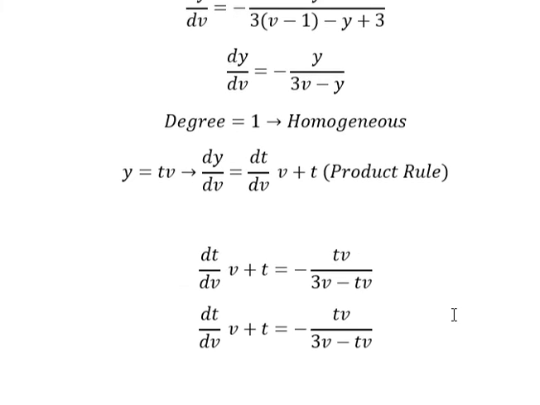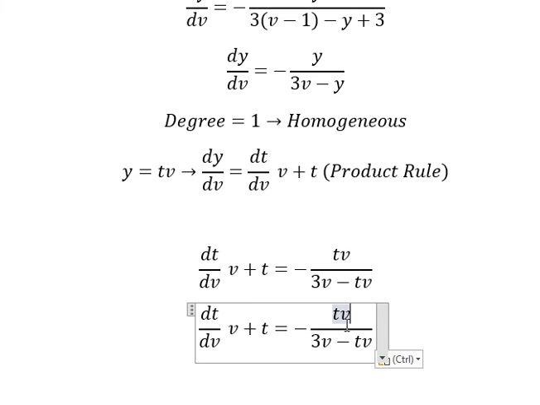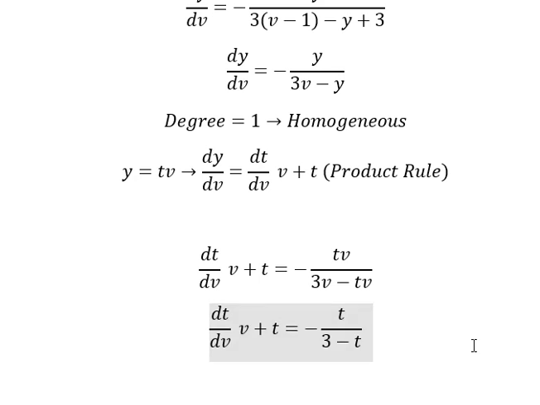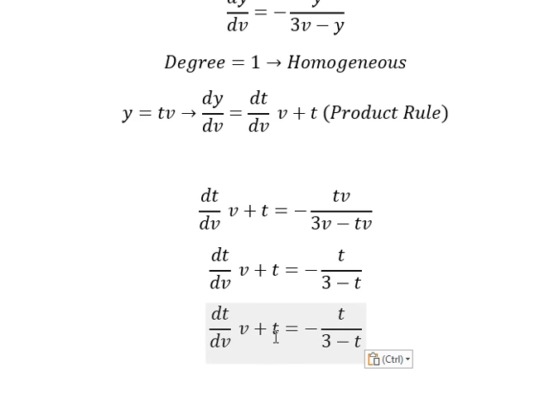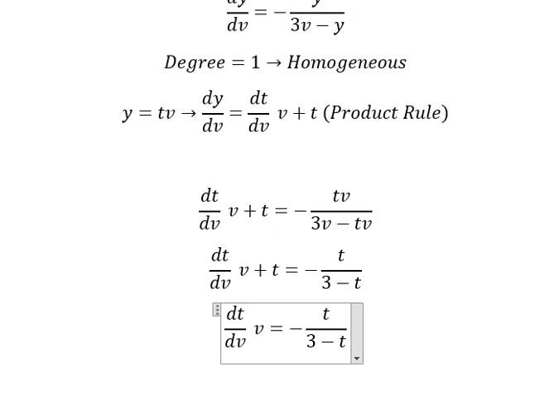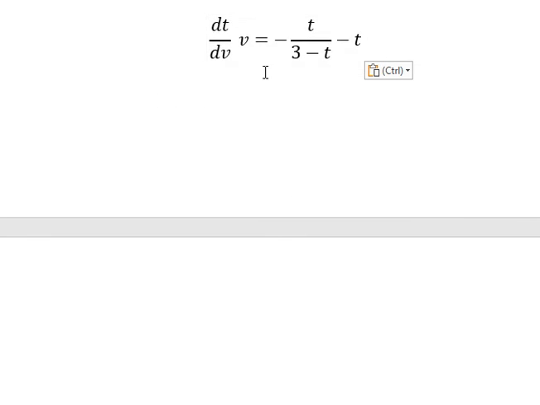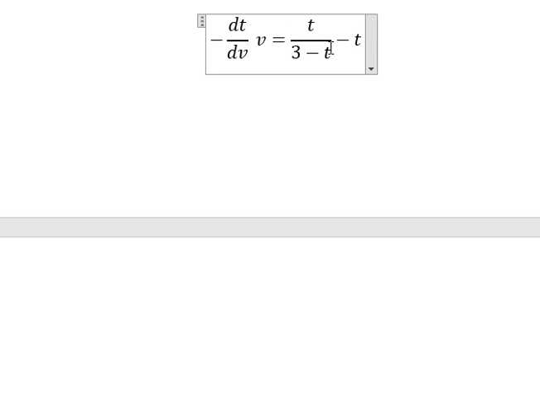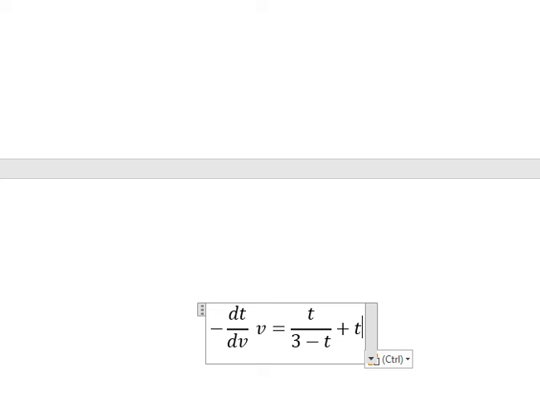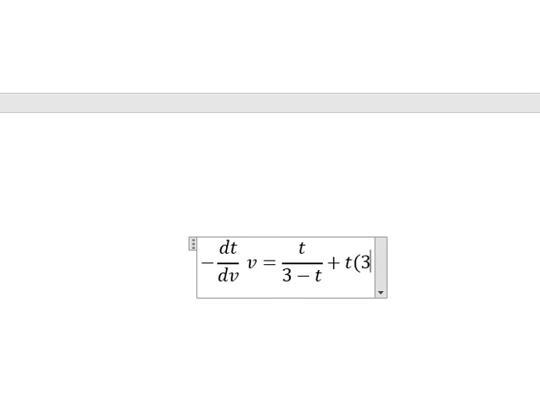Next we simplify v and v on numerator and denominator. So t I will put on the right. So negative negative I will put on the left. Next, we can do common denominator.